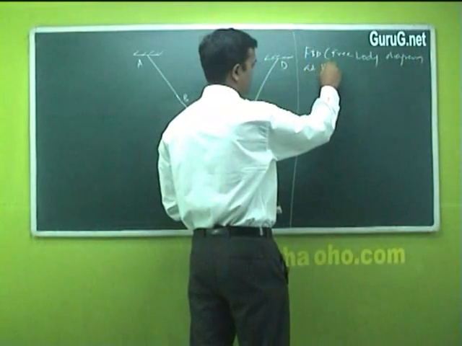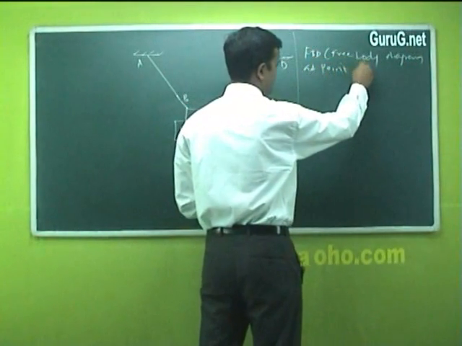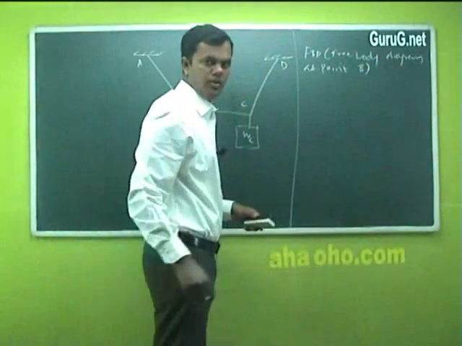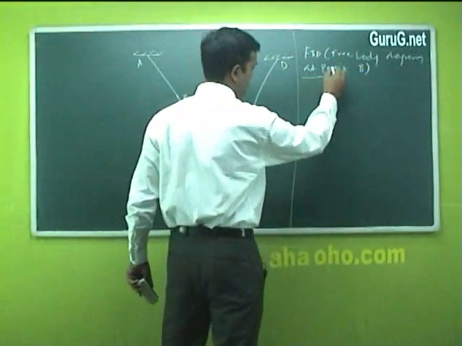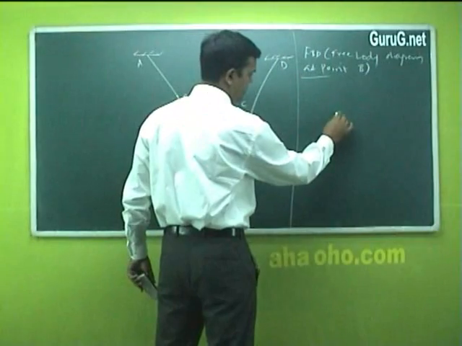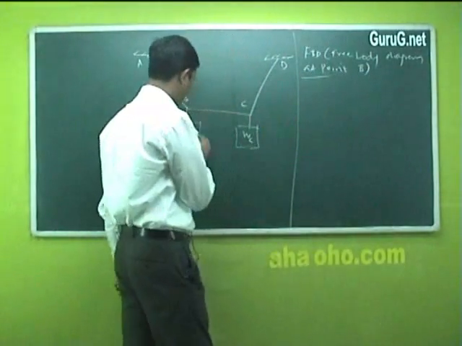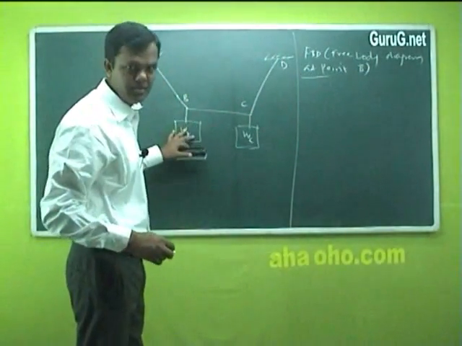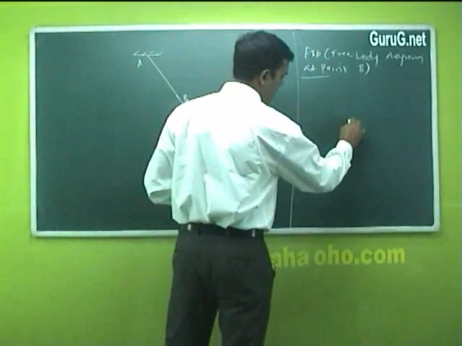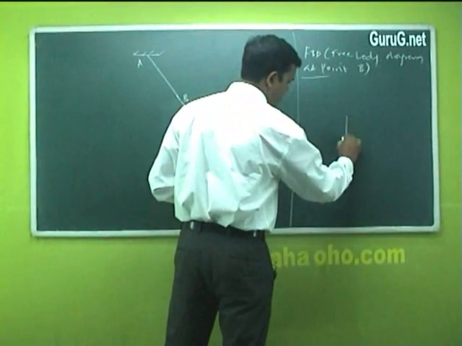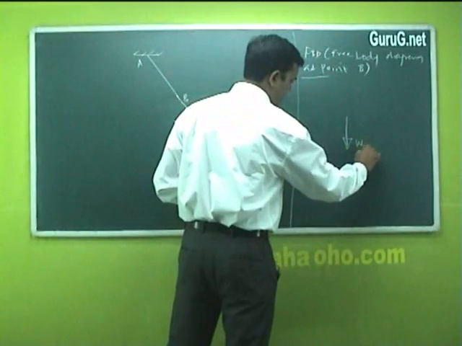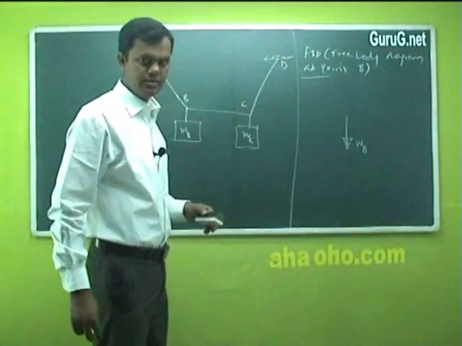at point B. Okay, FBD at point B. How will you draw? I will draw a separate sketch, or I will just consider the forces applied at this weight. First thing I will write is the weight due to the body, WB. Is it correct?